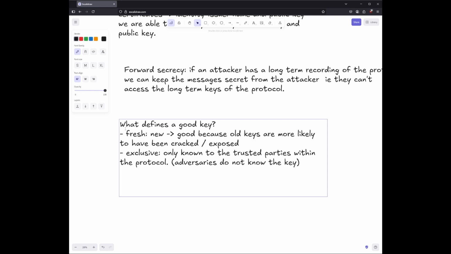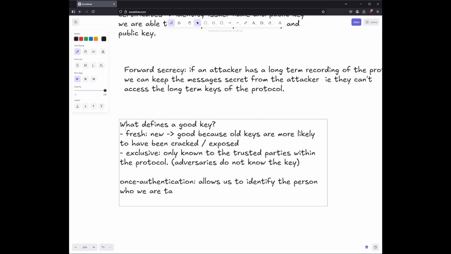One way we can do this identity check is called nonce authentication, which allows us to identify the person we are talking to.